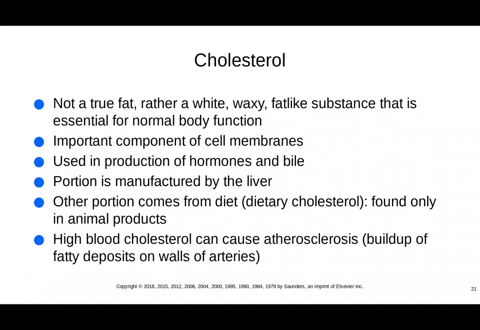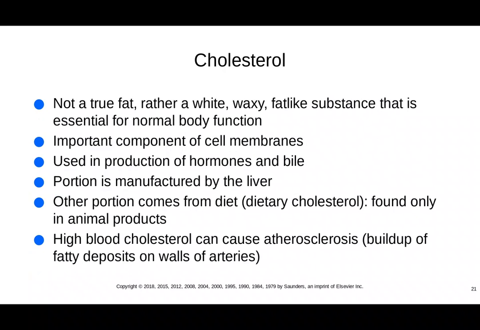Cholesterol is actually not a true fat. It's a white, waxy, fat-like substance that is absolutely essential for normal body function. It's an important component of cellular membranes. It's used in the production of hormones and bile.